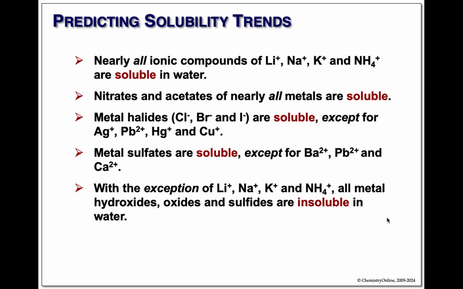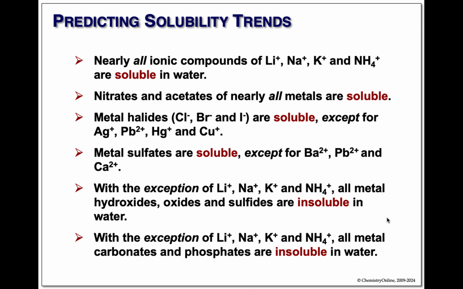With the exception of these guys, metal hydroxides, oxides, and sulfides are insoluble. So if it's not a group 1 or ammonium, and it's one of those, it's insoluble. And finally, same thing for carbonates and phosphates, they're insoluble in water.